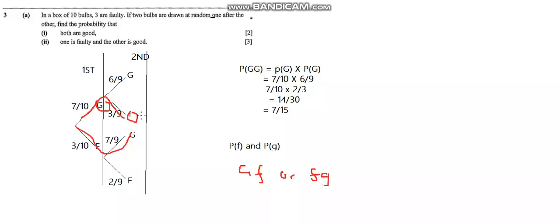Now we need to work out GF. If that is G and F, we have 7/10 times F, which is 3/9, the same as 1/3 when you reduce it. Or means plus. For FG, F is 3/10 times G, which is 7/9.